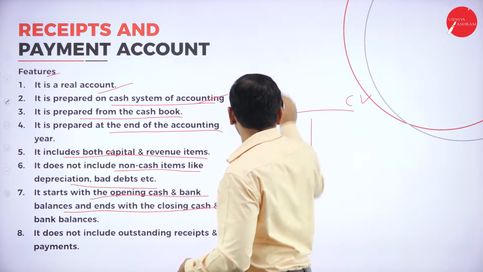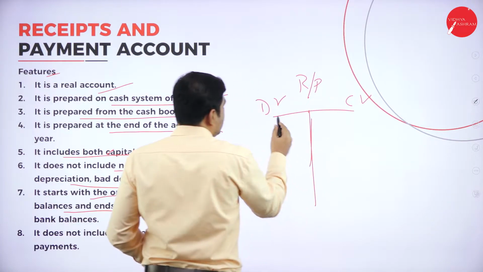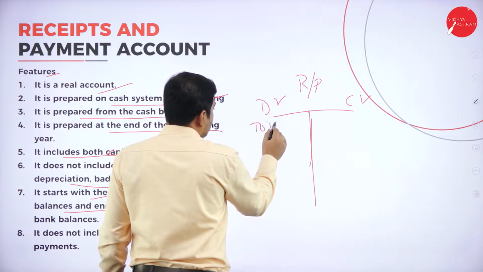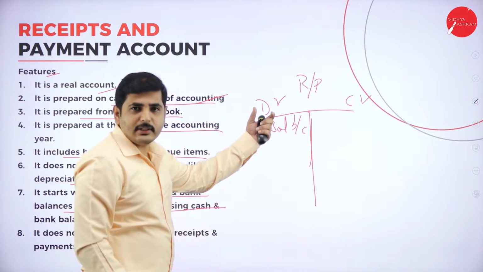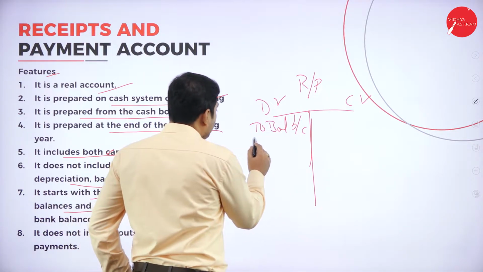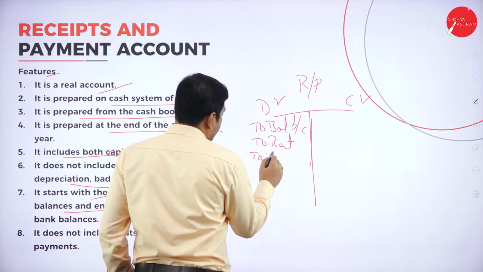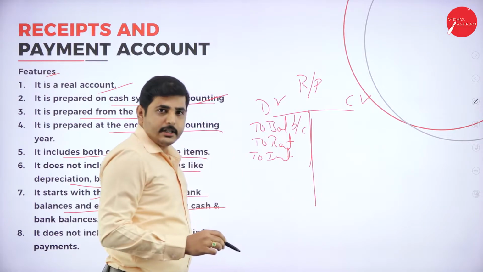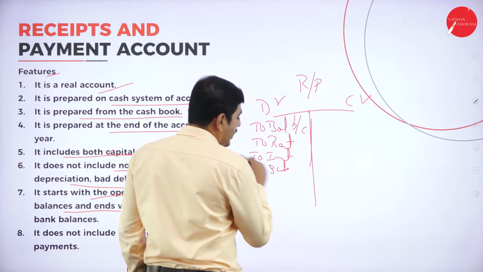See here, this is the receipts and payment account. So this is the debit side. So it is to balance brought down. Then whatever cash comes, we have to add all the amounts, like rent received to rent, income received, or interest received to interest. Are you understanding? Next one, to subscription received.